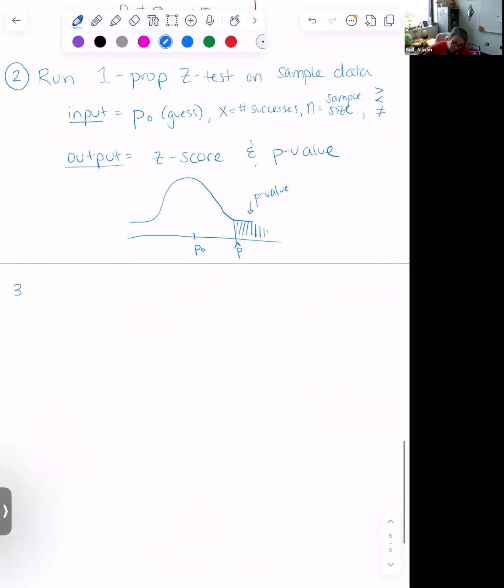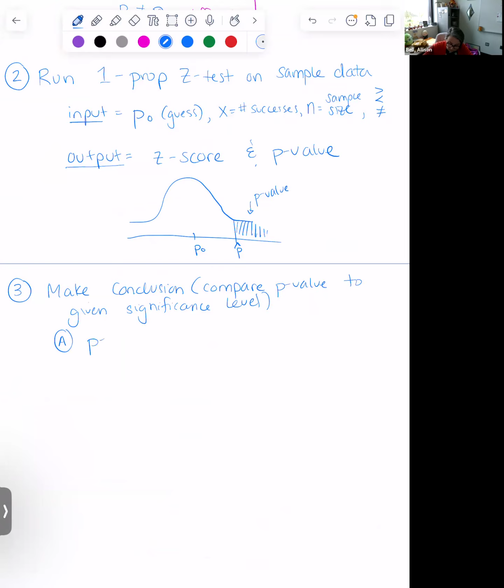So we've just run our test and we have our p-value. So step 3 is always to make a conclusion. And since this is just the second time we've done this, this means we're going to compare our p-value to the given significance level. So we have two choices here.